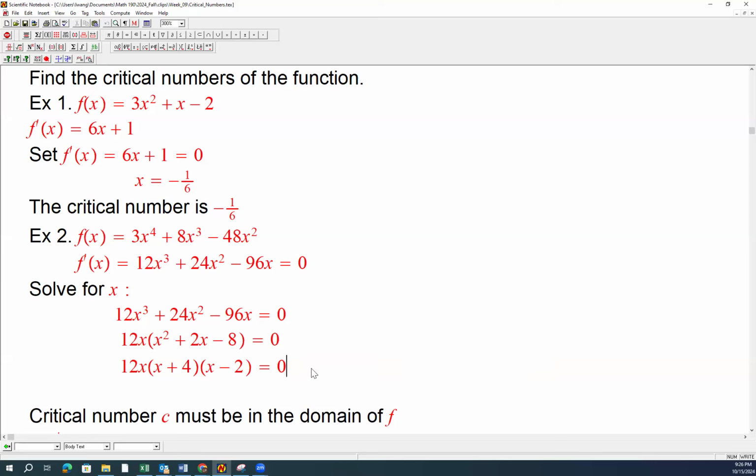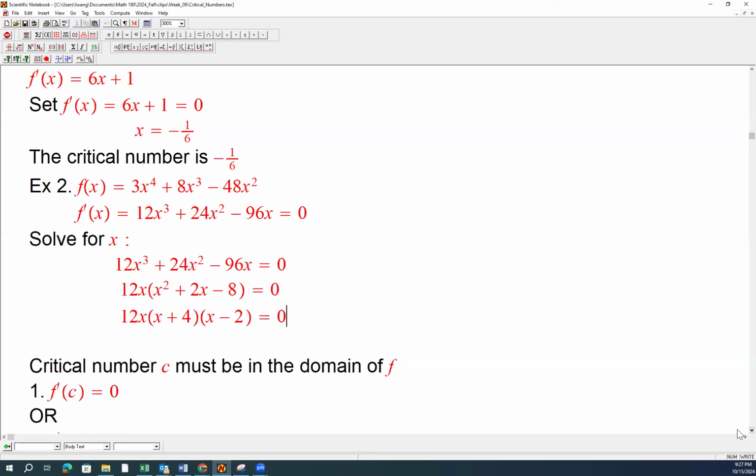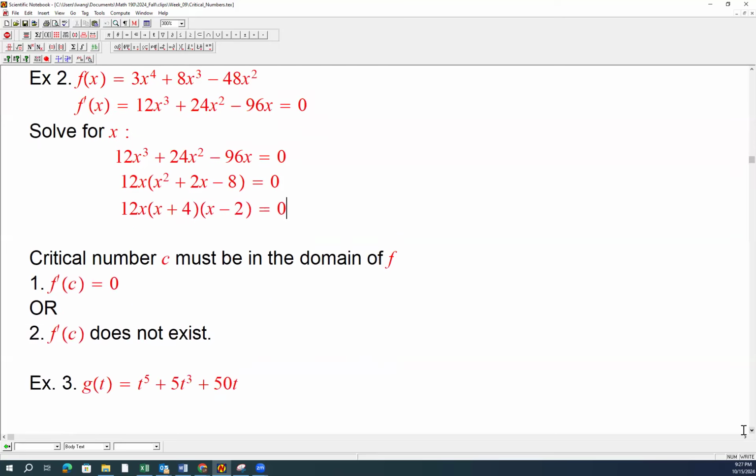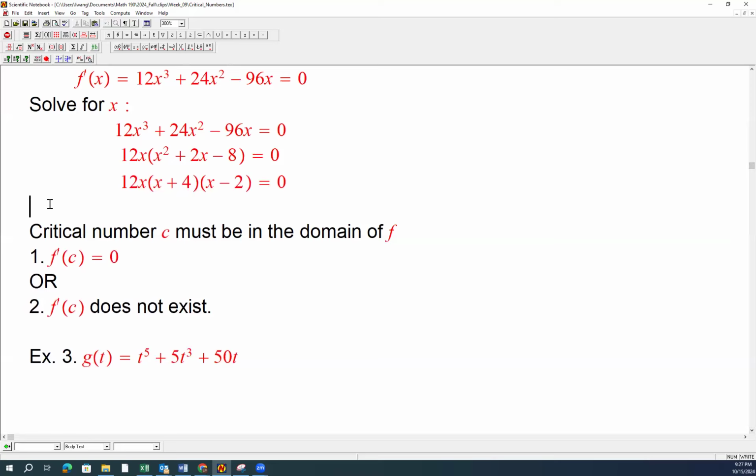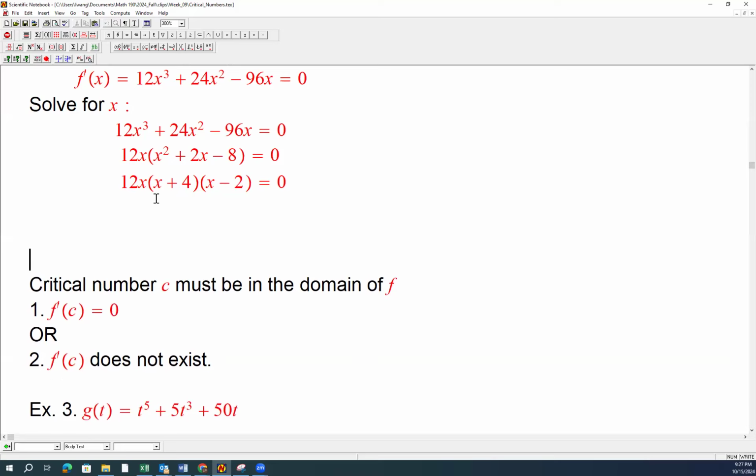And here we go. We set it equal to 0. And what do we get? We use the zero product principle. So x equals 0, or x equals -4, or x equals 2.